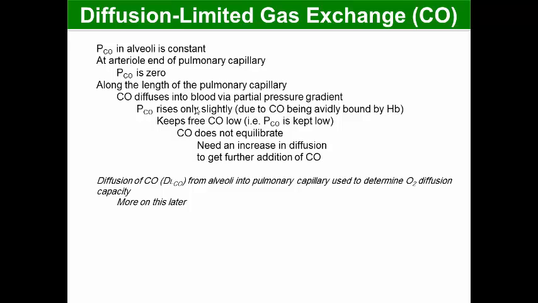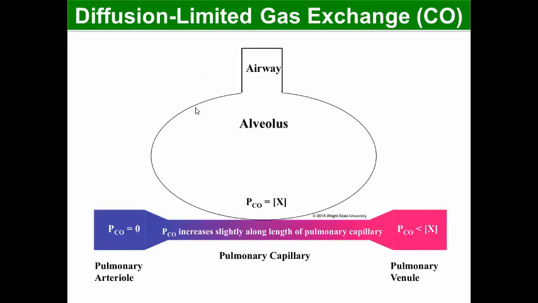So carbon monoxide would continue to diffuse across the respiratory membrane had the pulmonary capillaries been longer, which is not the case. So its transport across the respiratory membrane is described as being diffusion limited. This is the diffusion limited gas exchange for carbon monoxide. The partial pressure of carbon monoxide in the blood is still much less than the partial pressure of carbon monoxide in the alveolar air.